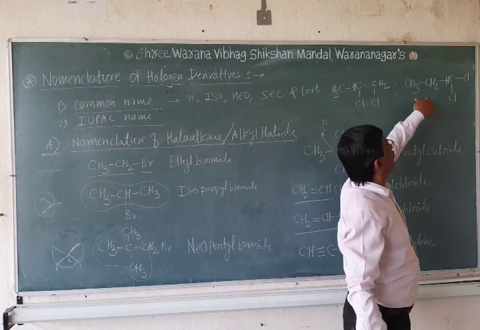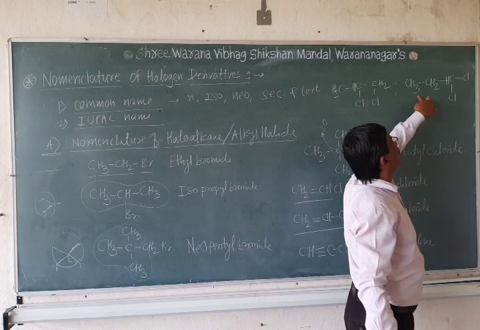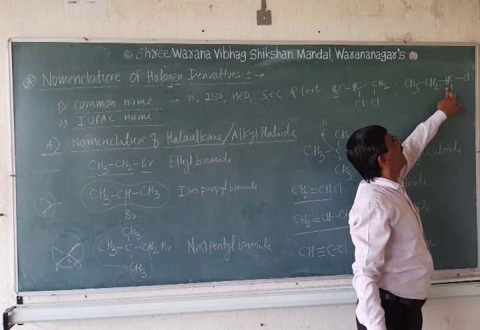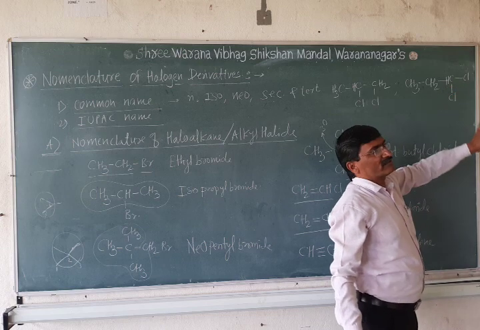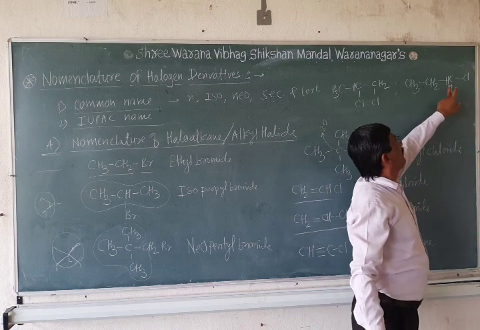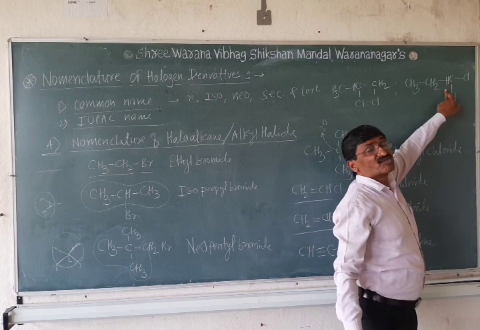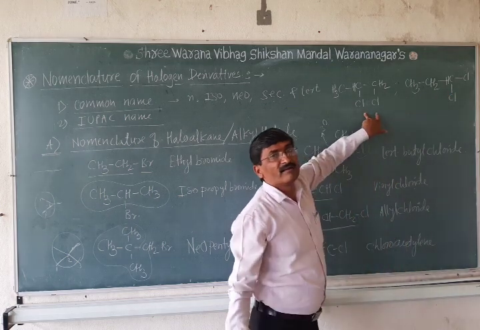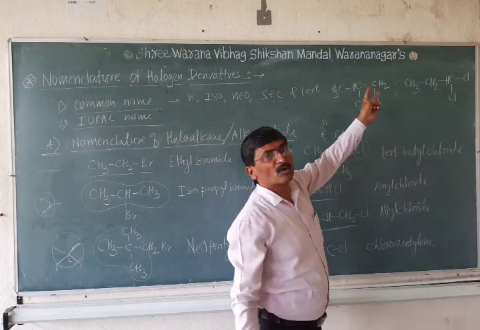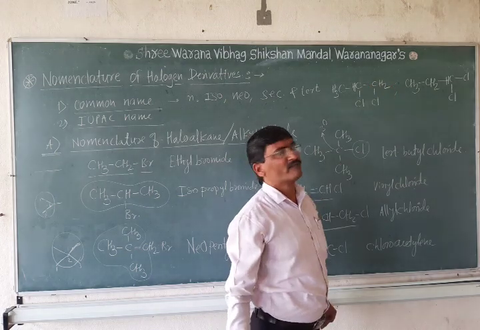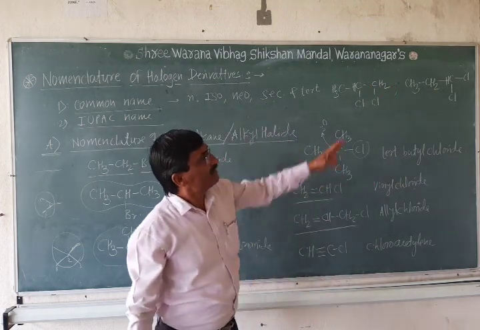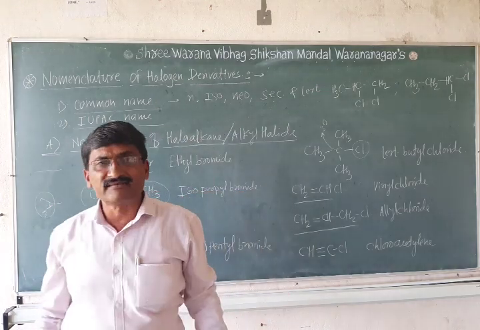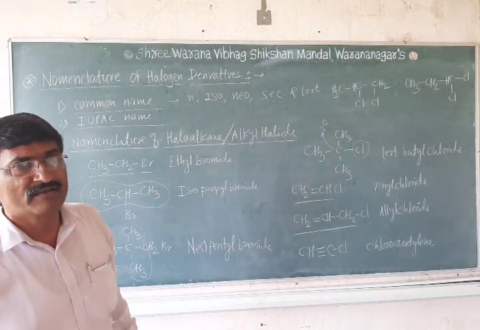In the first example, the two halogen atoms are present on adjacent carbon atoms, so this is the vicinal. In the second case, the two halogen atoms are present on the same carbon, and that is the geminal.